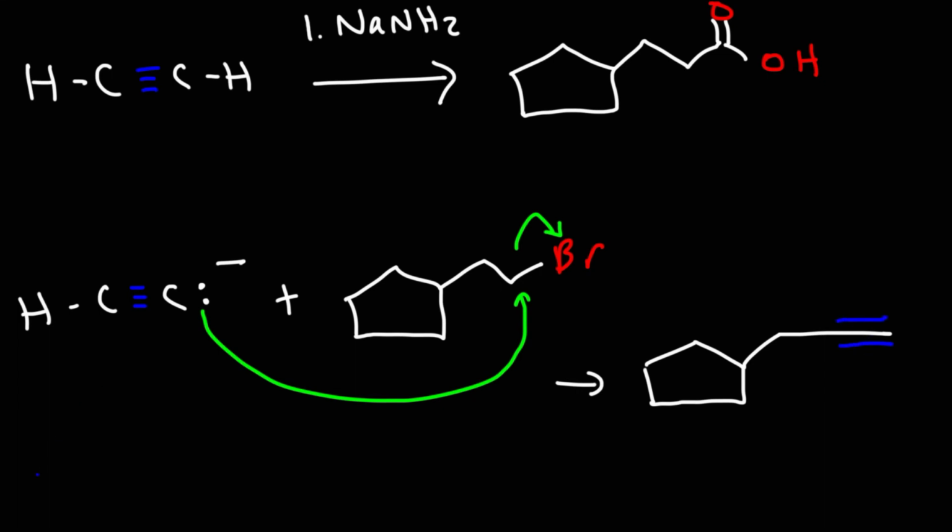So we have a total of 4 carbon atoms outside of the ring. 1, 2, 3, 4. And it looks like I'm missing a carbon, so I need to redraw that. So this is 1, 2, 3, 4.